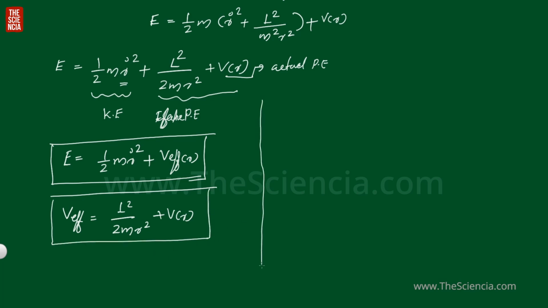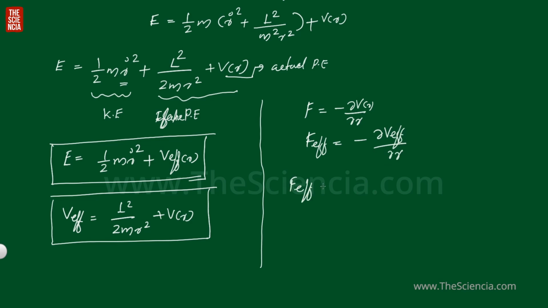And earlier I told you one thing, that is F equal to minus dou V by dou r. So this is valid for F effective also, that is F effective will be equal to minus dou V effective by dou r. So what we get?